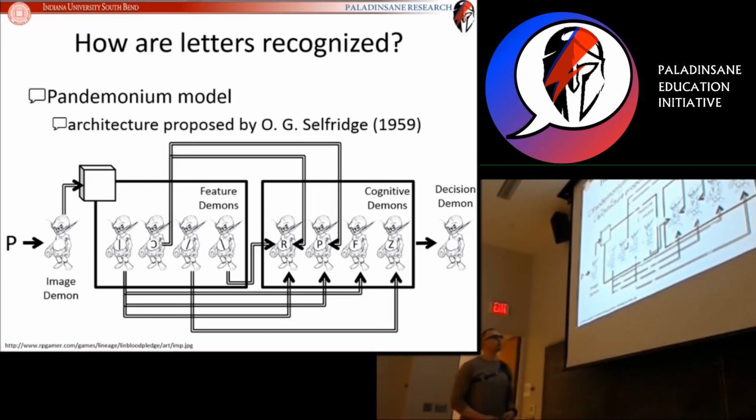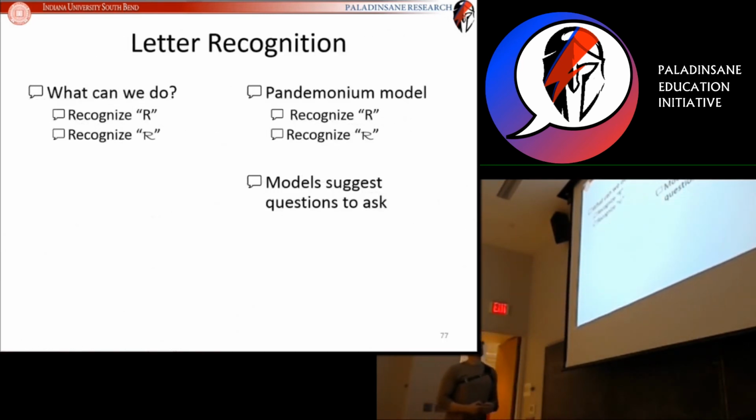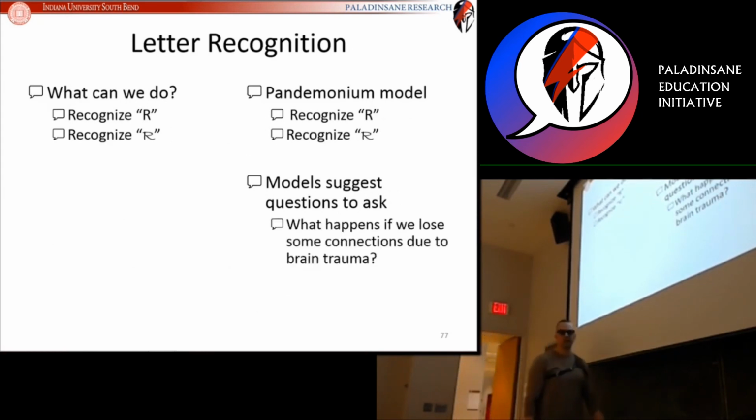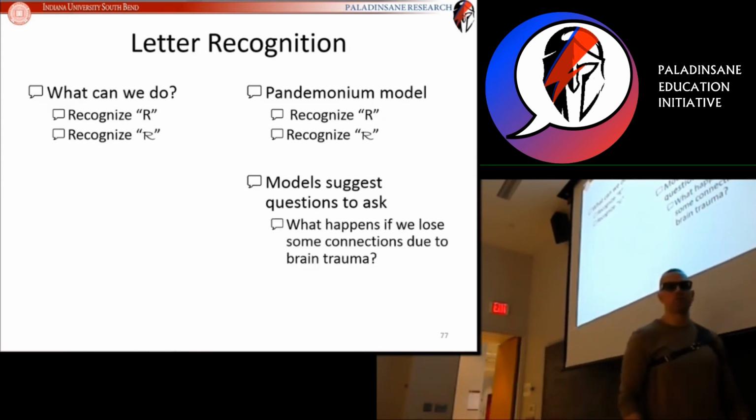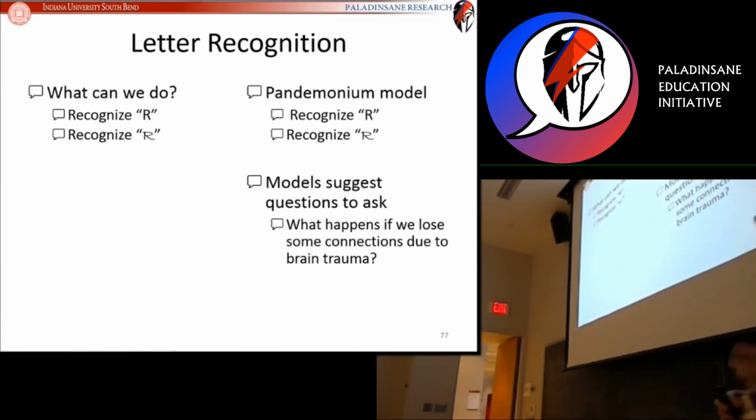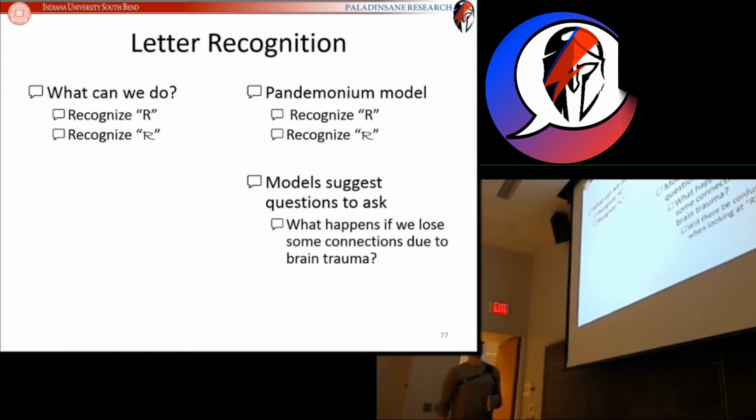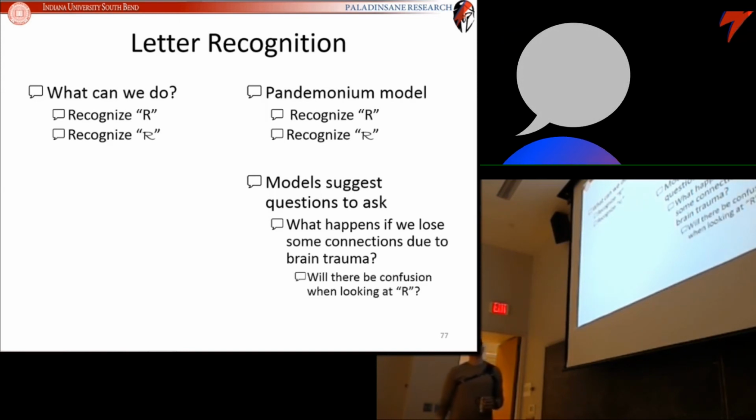So that's question number one. And then another question that we can ask with this Pandemonium model, and this is one of the reasons it really took off, is what happens to some connections? What happens if we lose some of these connections due to brain trauma, right? So will there be confusion when looking at R?